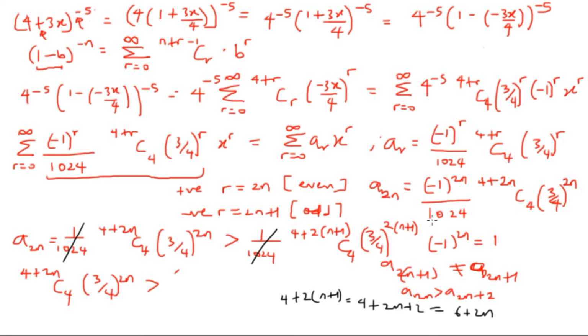And again, that point where I have 2 into (n plus 1) is the same thing as 2n plus 2, isn't it? And of course, according to the law of indices, if I have a raised to power 2n plus 2, it is the same thing as a raised to power 2n times a raised to power 2, because according to the law of indices, if I have the same base, I need to add the powers.